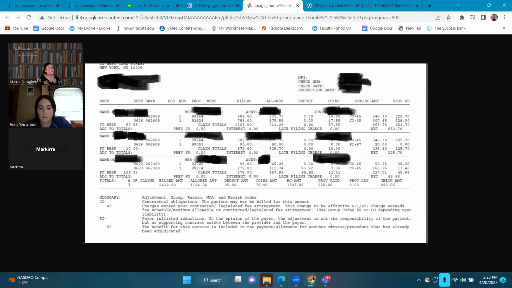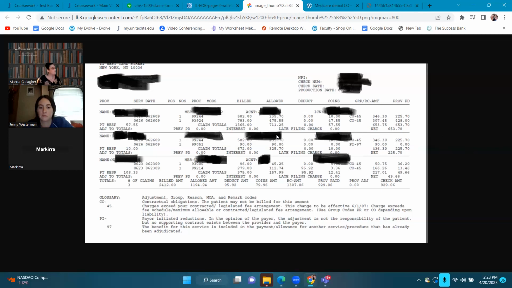The adjustment is not the responsibility of the patient. Do we need to go any further than that? No, ma'am. Because it just said that patient is not responsible for this. And plus we have CO 45, which says just adjust it off. So the doctor is not getting paid on either one of these claims.